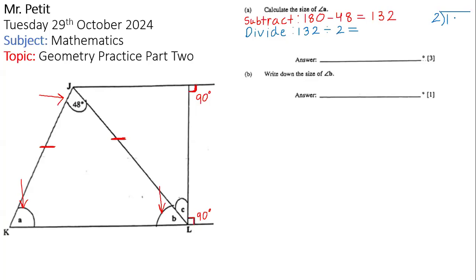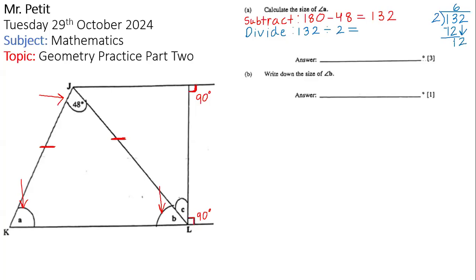So 2 into 132. How many times does 2 go into 13? 6 times. 2 times 6 is 12. 13 minus 12 is 1. Bring down the 2.